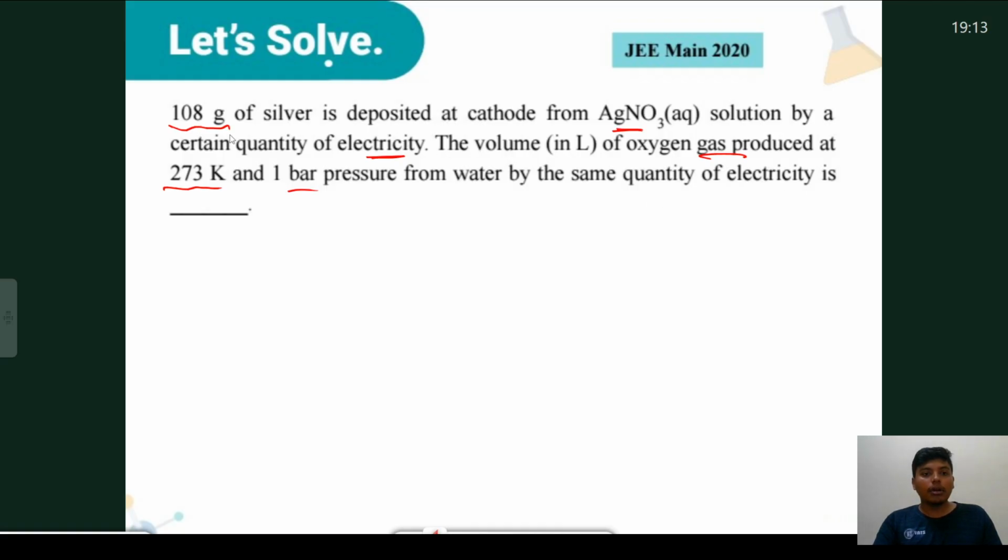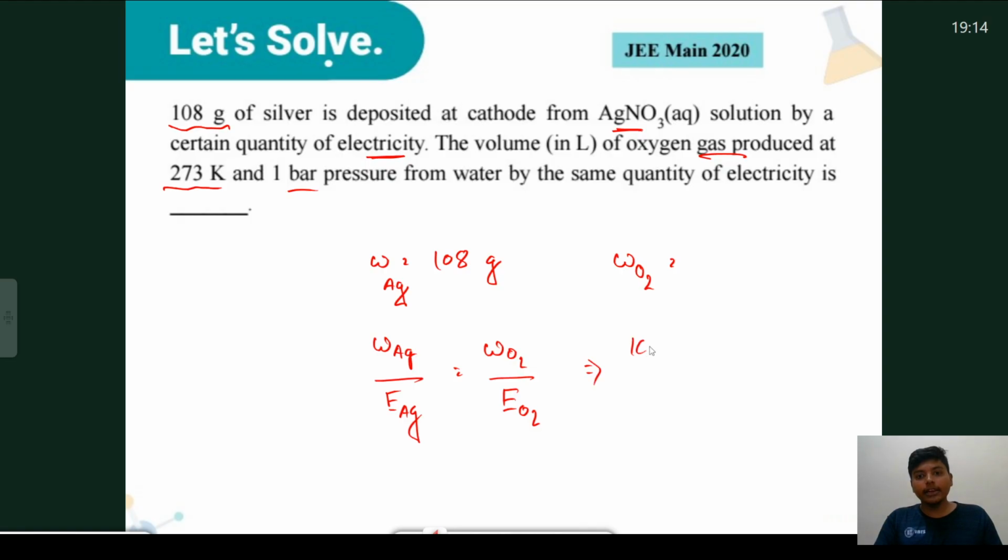So what they gave is W value of Ag, 108 gram, and they are asking W of oxygen. Now, simple thing: W of Ag by E of Ag is equal to W of O2 by E of O2. Yes or no?